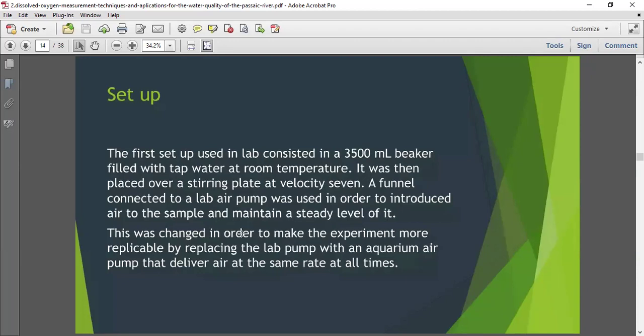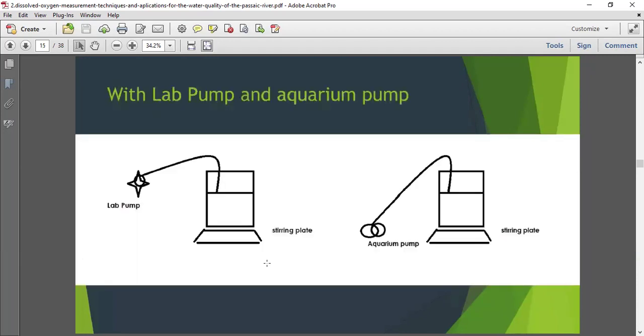This was aimed at making the experiment more replicable by replacing the lab pump with an aquarium air pump. This one. The stirring plate is a lab pump.